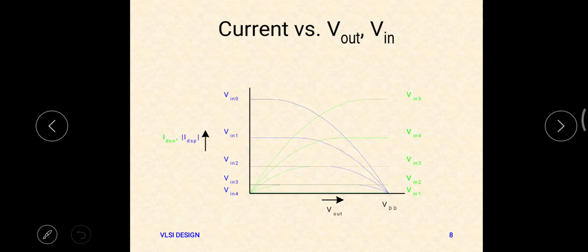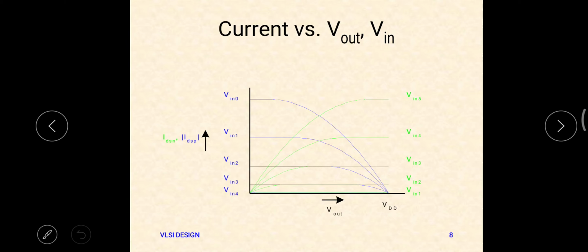Okay, this slide is about input voltage versus output voltage. Here two diagrams are displayed. The green one represents NMOS and the blue one represents PMOS. I have taken the magnitude alone, I have not taken the direction.